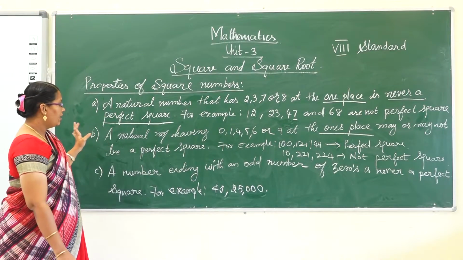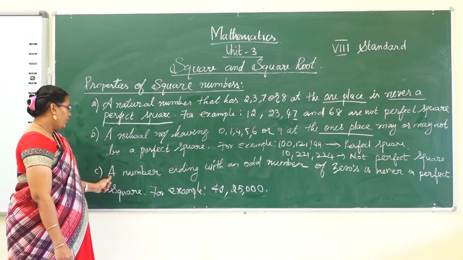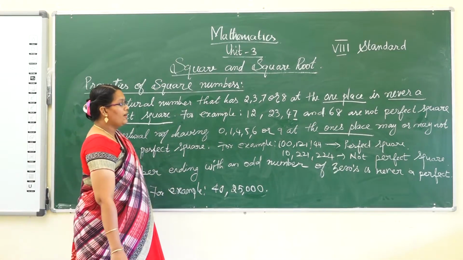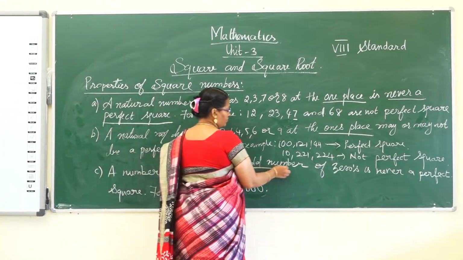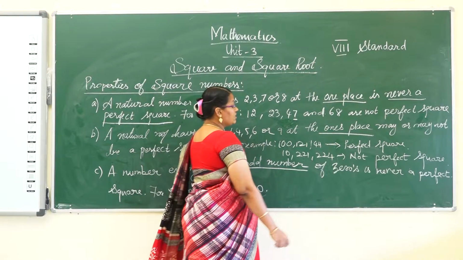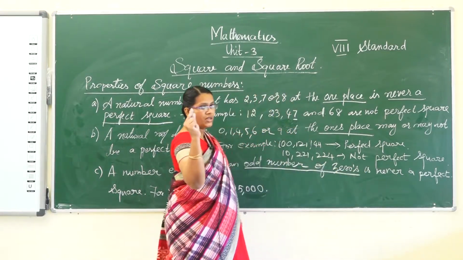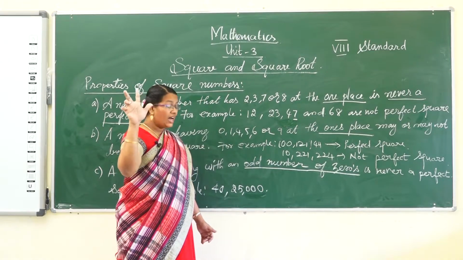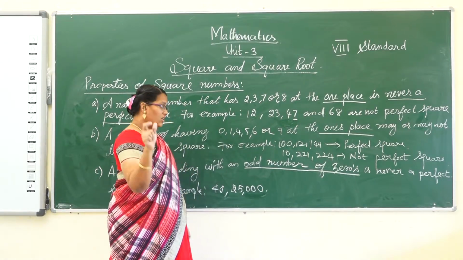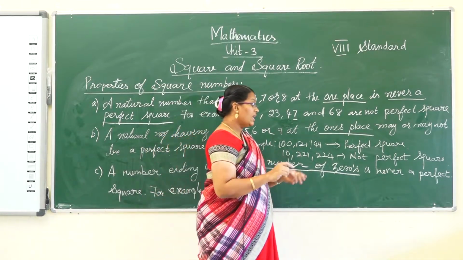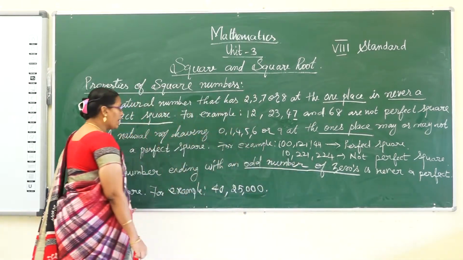Okay. And then the third property: a number ending with an odd number of zeros. Odd number of zeros means there could be 1 zero, 3 zeros, or 5 zeros or 7 zeros. An odd number of zeros is never a perfect square.